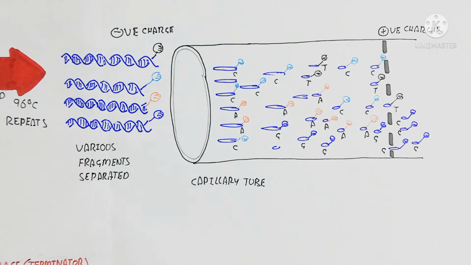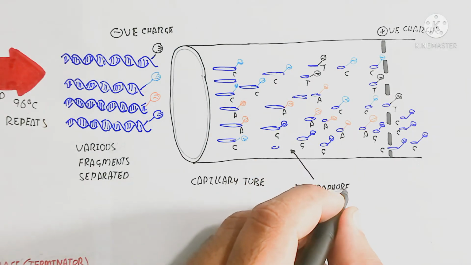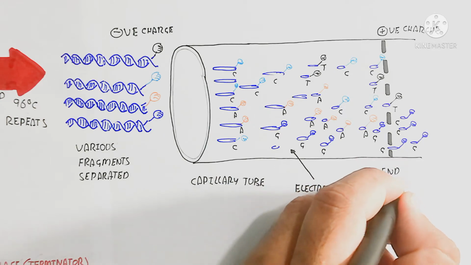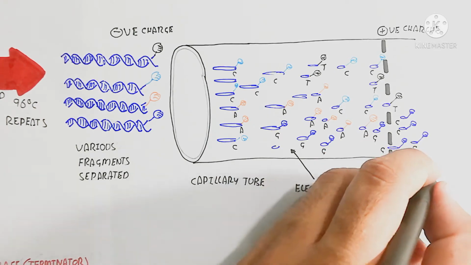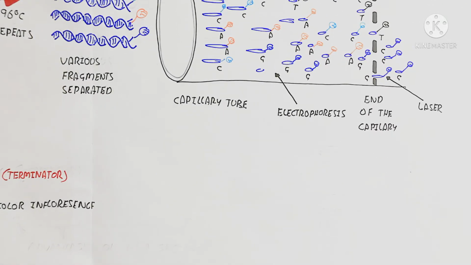For example, adenine shows the orange color, cytosine shows the blue color, guanine shows the light blue color, and thymine shows the dark black color, and that gives the sequence.